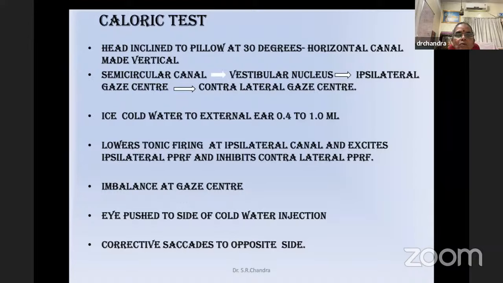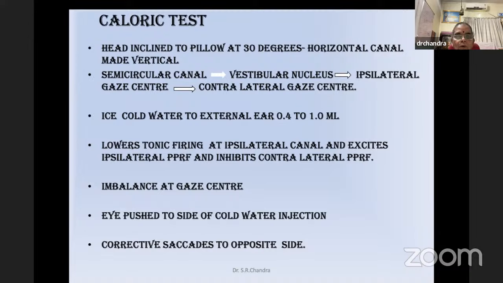If you put ice cold water, about 0.4 to 1 ml, into the external ear, it lowers the tonic firing at the ipsilateral canal. We saw the connections: from the canal to the vestibular nucleus, then the ipsilateral gaze center, that is the PPRF, and the contralateral gaze center.